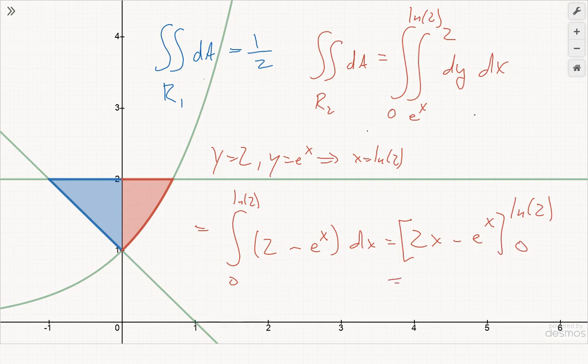So that is 2 ln 2 minus 1 overall. And then remember we also had this term. So the area of dA for the entire region will be 2 ln 2 minus 1/2.